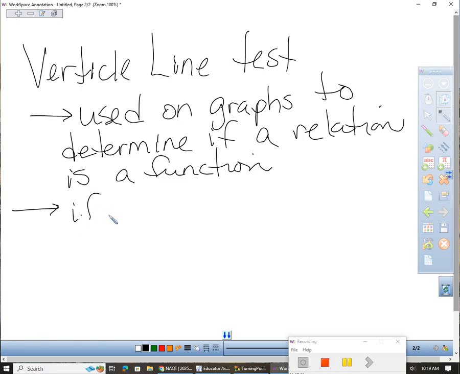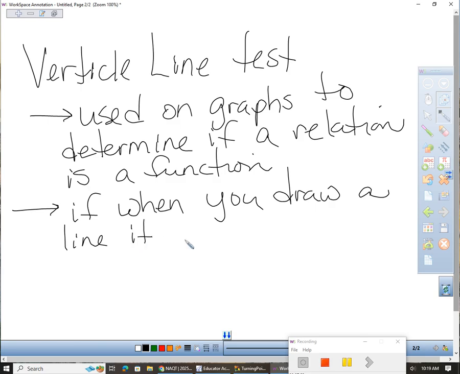If, when you draw a line, it crosses only once, then it is a function.